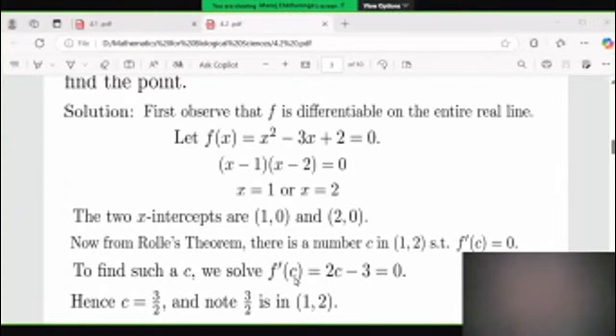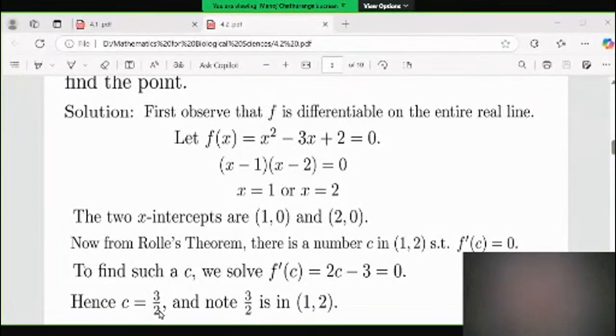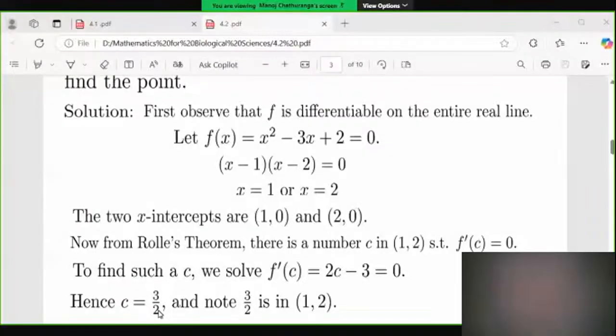So the derivative at c is 2c minus 3 equals 0, which means c equals 3 divided by 2, 1.5. Exactly the middle point of 1 and 2, the average of 1 and 2. So at that point, the derivative is 0. It has a relative extremum.